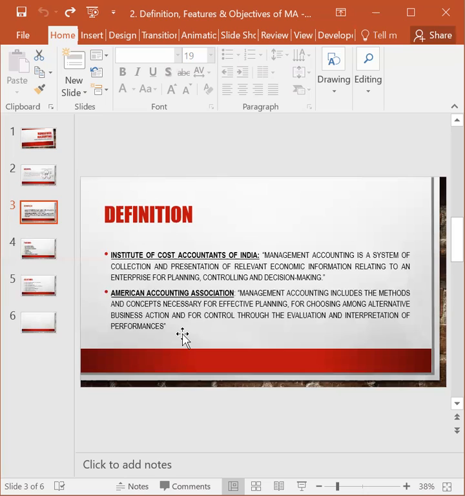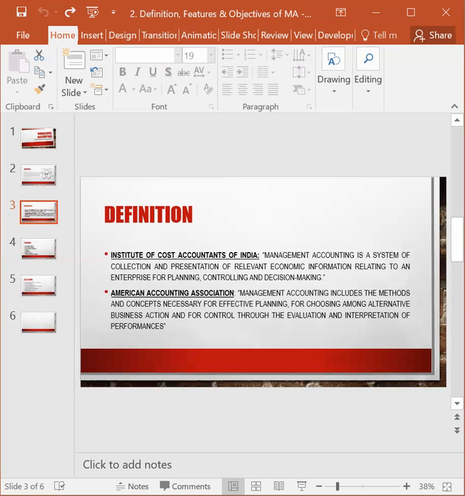Another definition, given by the American Accounting Association, says management accounting includes the methods and concepts necessary for effective planning, for choosing among alternative business actions, and for control through the evaluation and interpretation of performances. There are some other definitions also where they say management accounting is the adaptation and analysis of accounting information and its diagnosis and explanation in such a way as to assist the management.